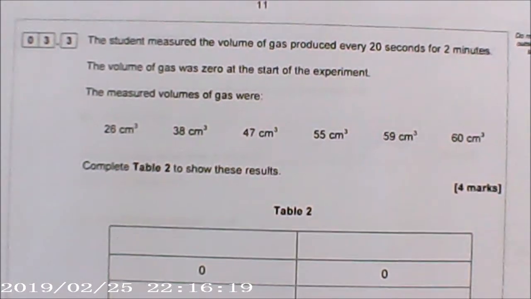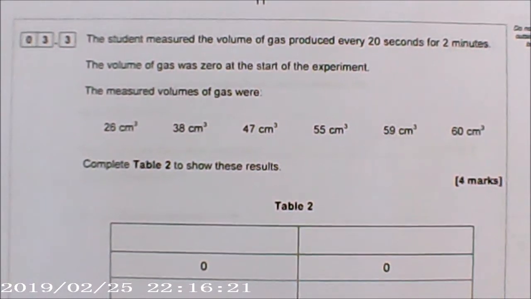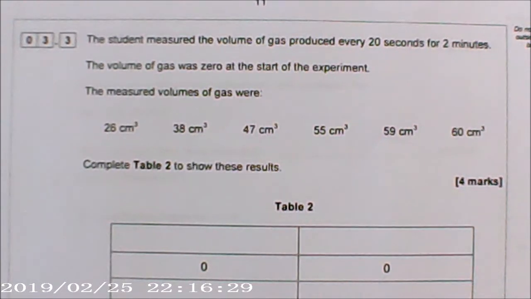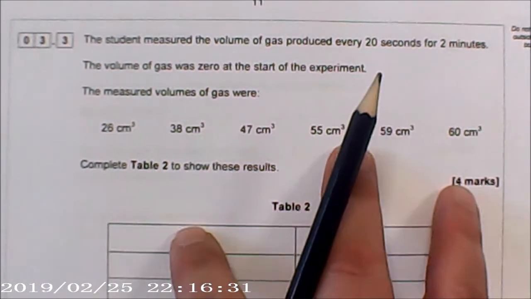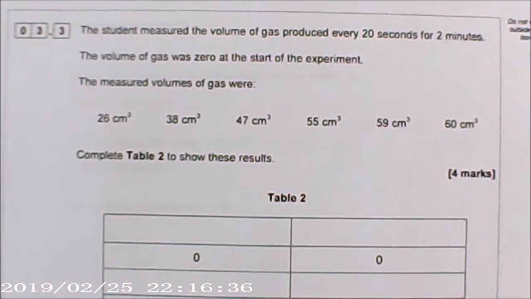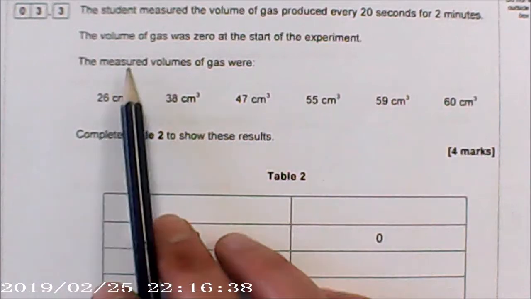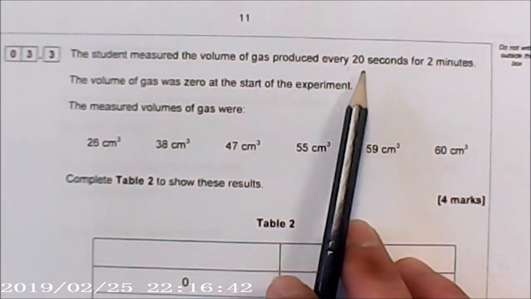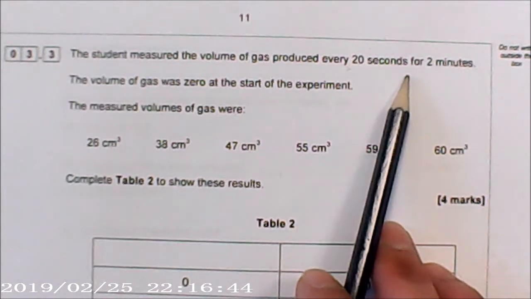Right, question 3.3. The student measured the volume of gas produced every 20 seconds for 2 minutes. The volume of gas was 0 at the start of the experiment. So this is very similar to one we did last week, where you might need to put numbers into a table. So we've got the measured volumes of gases. We know that time is what they were doing every 20 seconds.